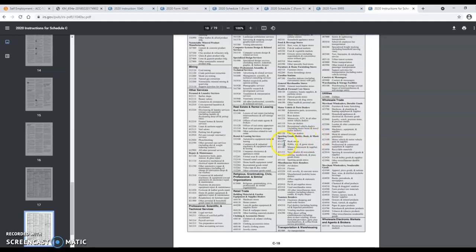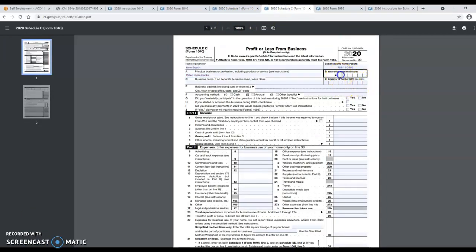So here we are. Bookstores is 451211. So I'm going to put 451211 as the code.